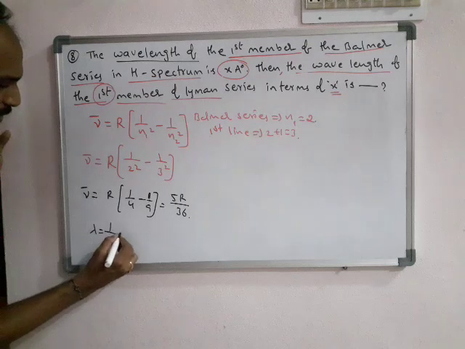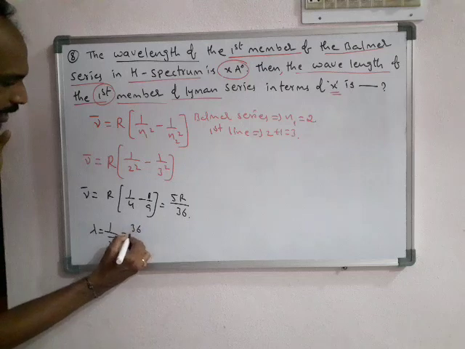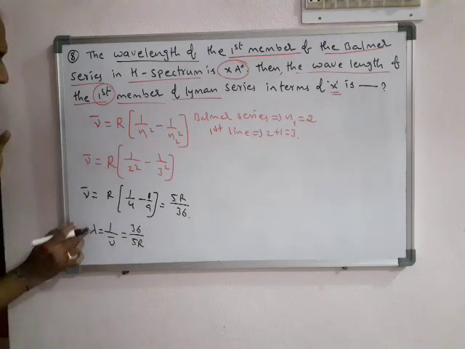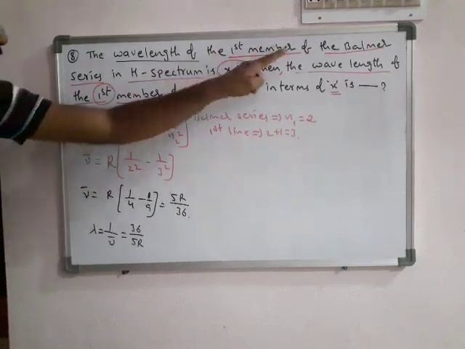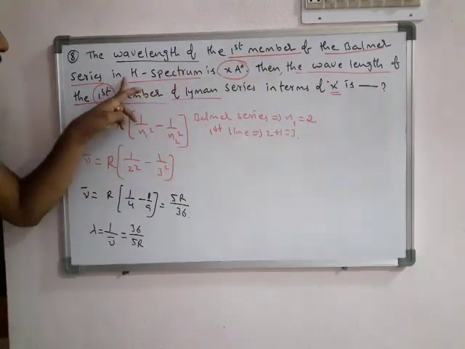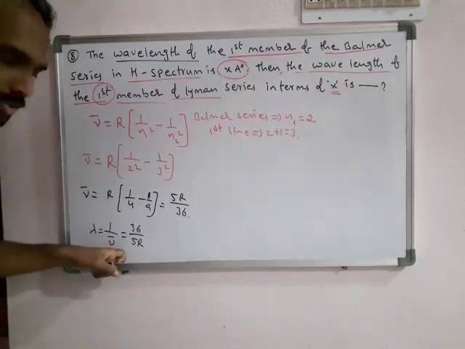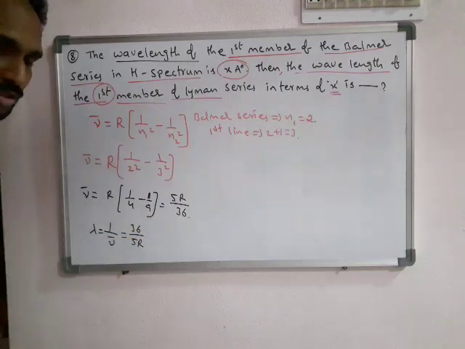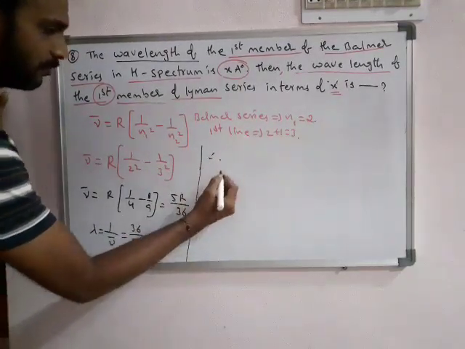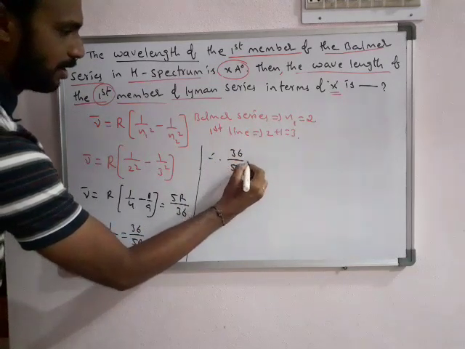We know that formula. Okay, 1 by nu bar means we got 36 by 5R. Here lambda, the first member, first line of the Balmer series of hydrogen spectrum, has wavelength x angstroms. But what did we get when we calculated? We got 36 by 5R. So therefore we can write 36 by 5R is equal to x.